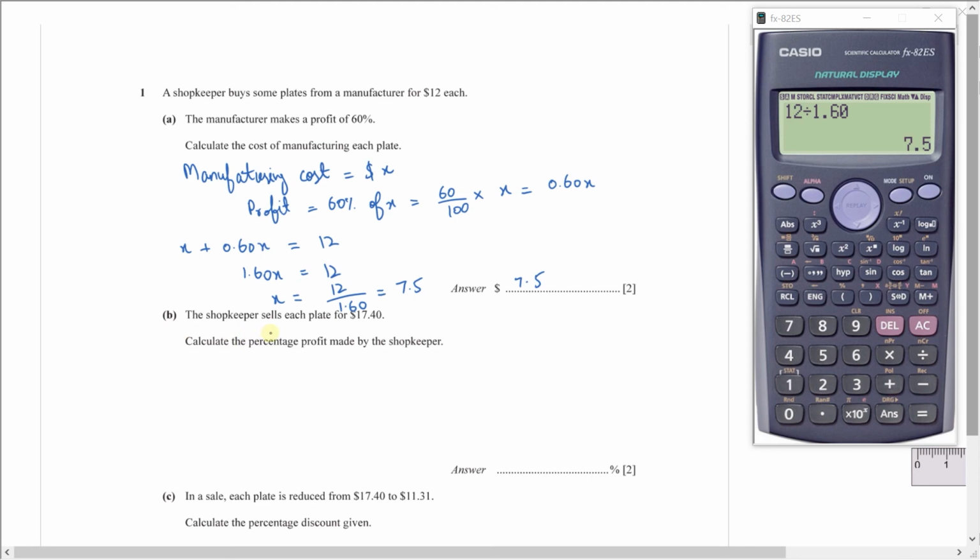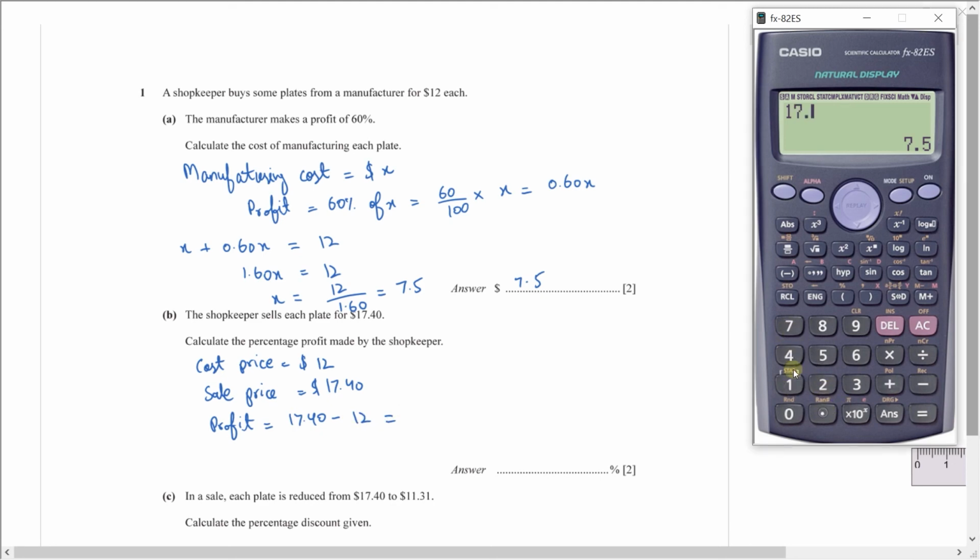Part B: The shopkeeper sells each plate for $17.40. Calculate the percentage profit made by the shopkeeper. So the cost price for the shopkeeper is $12, at which he bought it from the manufacturer, and the sale price is $17.40. So the profit will equal the sale price, 17.40, minus the cost price, which is 12.